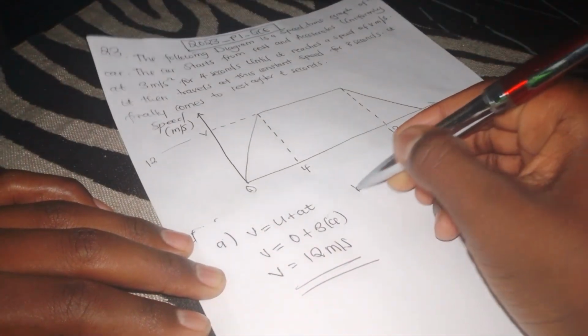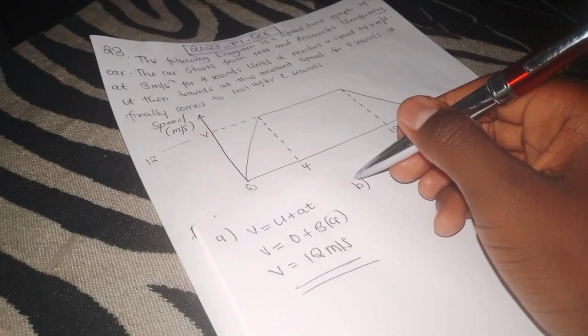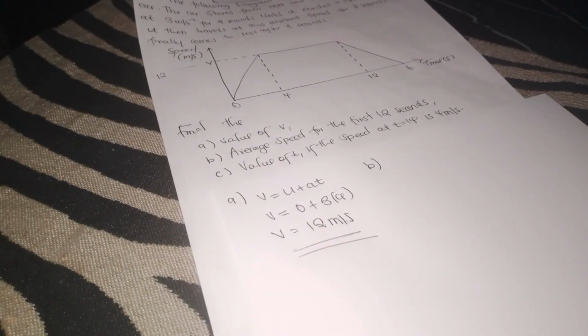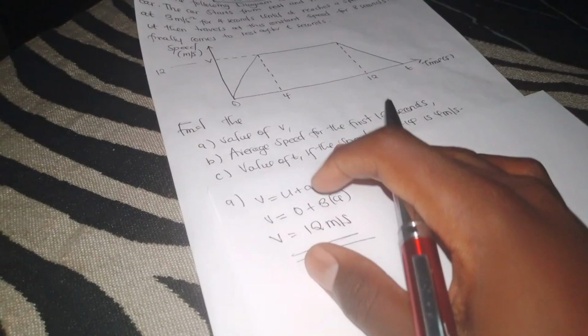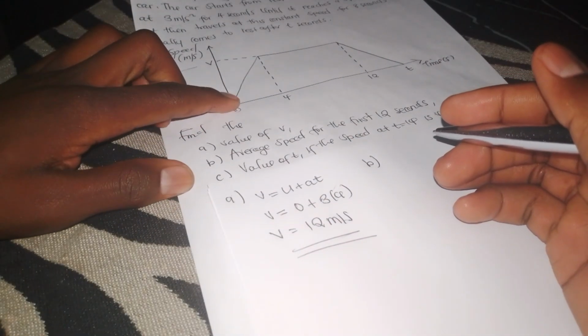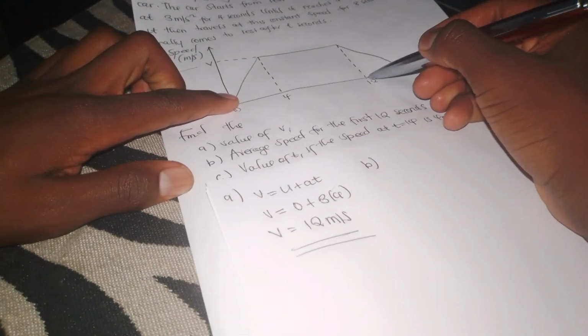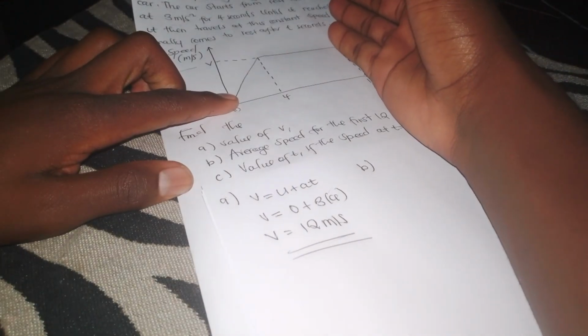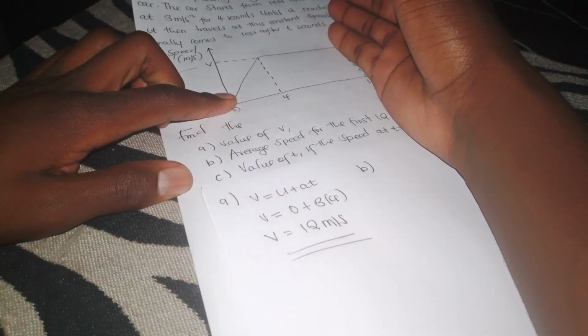Then let's go to B. Question B is saying find the average speed for the first 12 seconds. So from the diagram, as you can see, our first 12 seconds is from here to there. So if you do this, this shape is a trapezium.